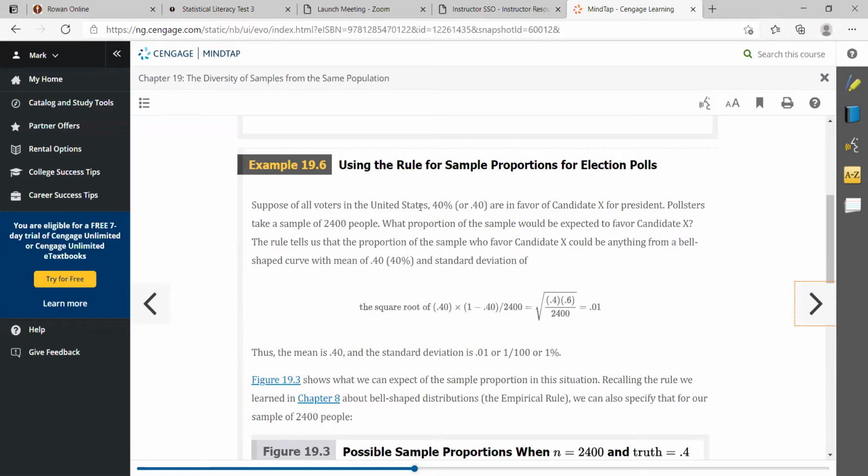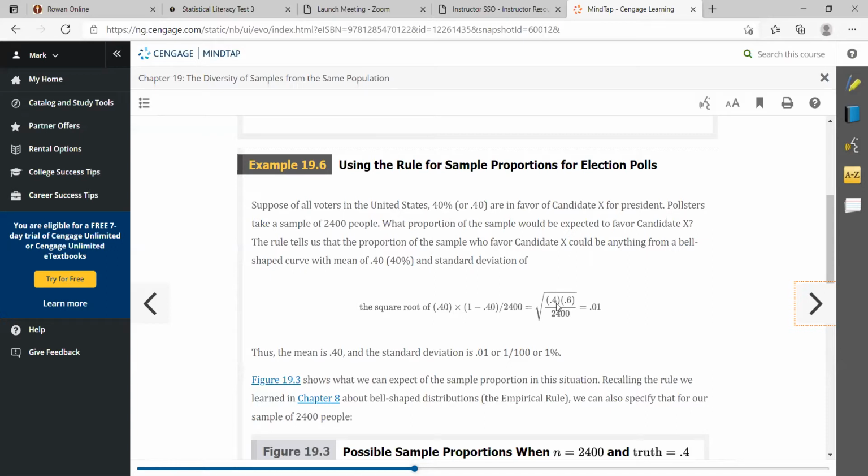Now we're guessing it's in the vicinity of 40%, but we don't know for any sample if it's going to be 40% or some percentage lower or higher. But we could calculate what's called the standard deviation of this frequency curve. It's the square root of P, the proportion, times 1 minus the proportion, divided by the sample size. And this is what it is right here. The proportion being hypothesized is 40% or 0.4.